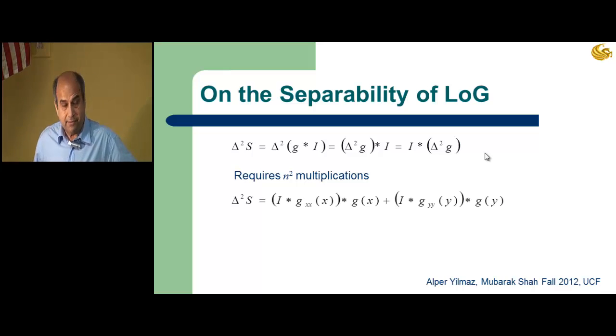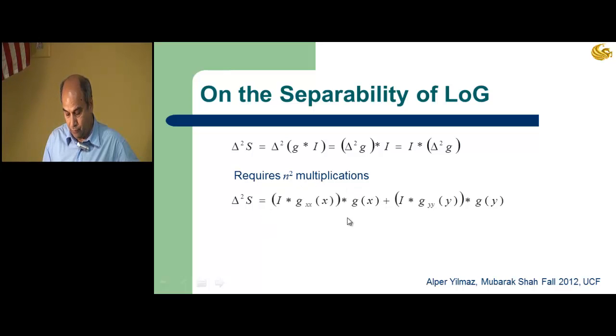Now, using the separability of Gaussian, we can do it like this. We take the image and apply the first derivative of Gaussian mask in the x direction. We get the result shown here. Then we apply the Gaussian mask to the result.